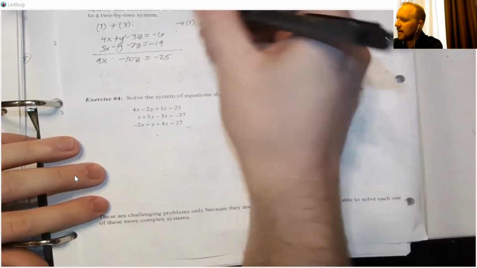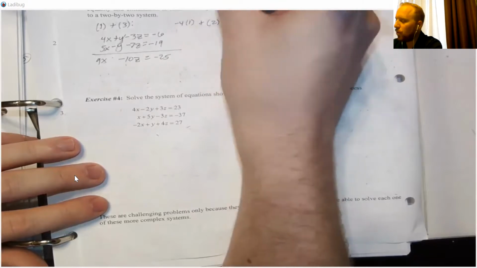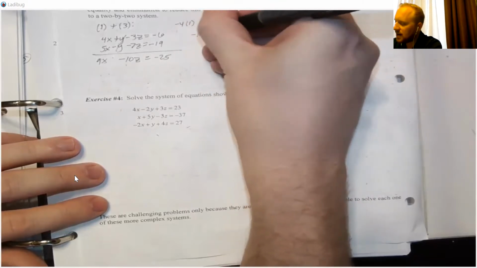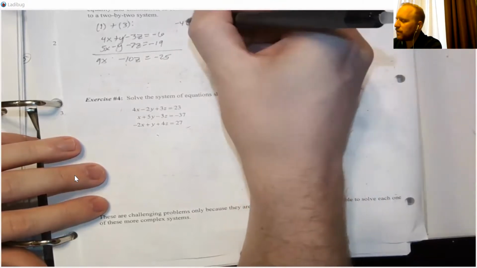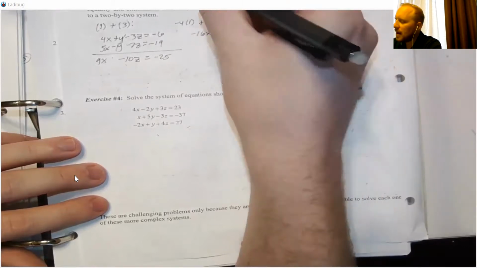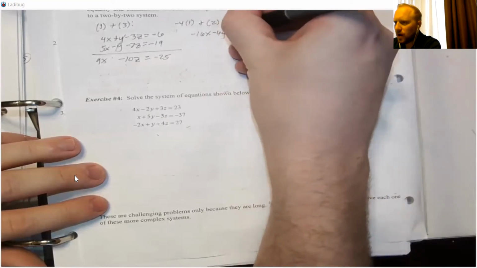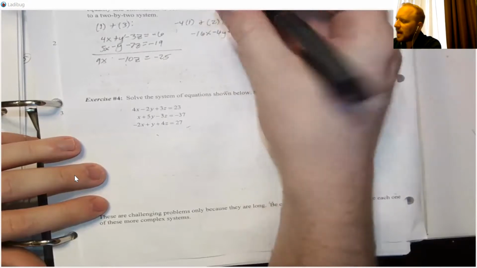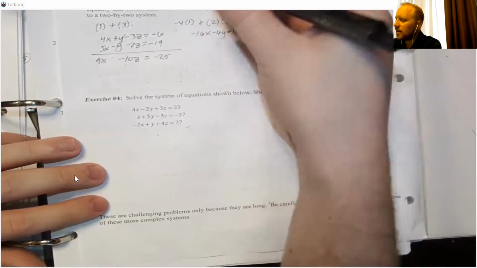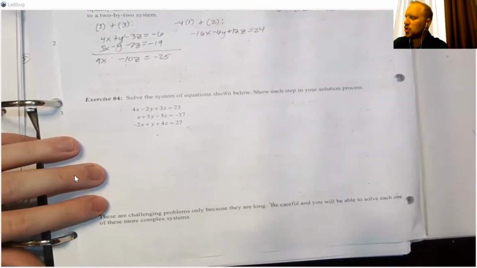So if I multiply -4 to this one, -4 times 4 is -16x. -4 times y is -4y. -4 times 3z is positive 12z. And then this is equal to -4 times -6 is positive 24. Okay, so I just took the first one and multiplied by -4.